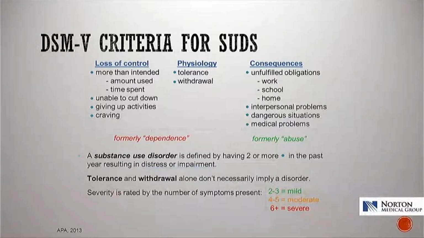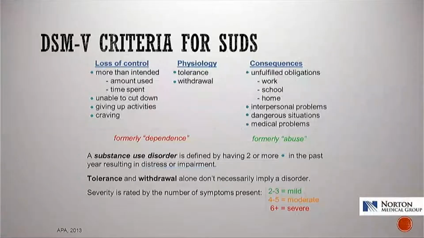And the reason that's important is because we have lots of patients who are on long-term opioids who are clearly tolerant, and they clearly have withdrawal if you take them off. But they don't have any loss of control associated with their use, nor do they have any negative consequences associated with their use. And that's a really important distinction.